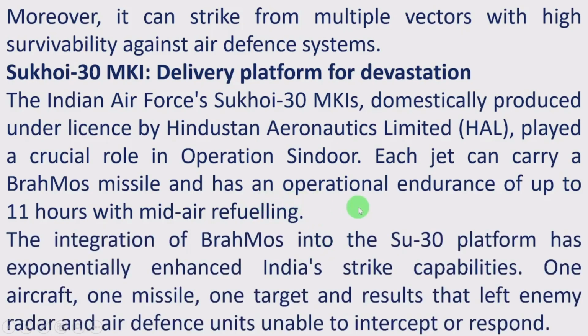The integration of BrahMos into the Su-30 platform has exponentially enhanced India's strike capabilities. One aircraft, one missile, one target, and results that left enemy radar and air defense units unable to respond, in such a way that India hit all these air defense systems and the Pakistani radar and air defense systems were not capable of detecting the Indian attack.